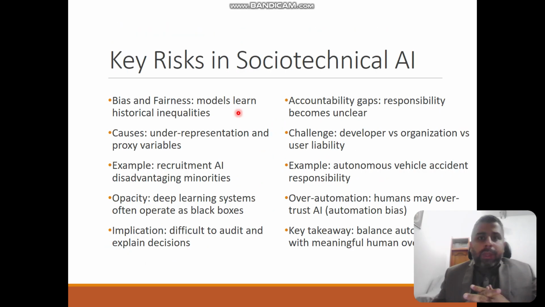There are some risks in socio-technical AI systems too, like bias and fairness. If you train on historical data without checking whether it supports bias or fairness, that won't lead to success. It will eventually lead to failure, like the Amazon AI system.